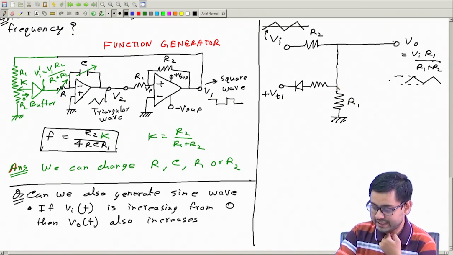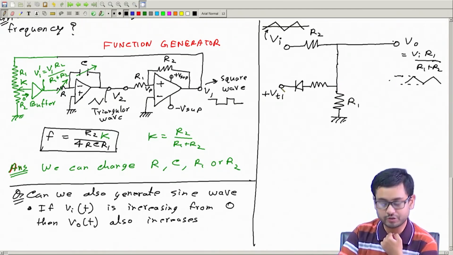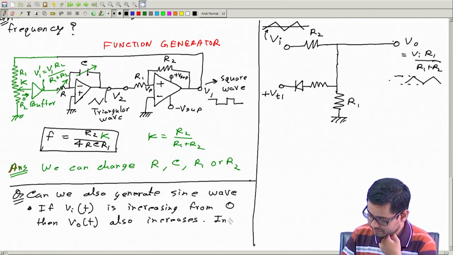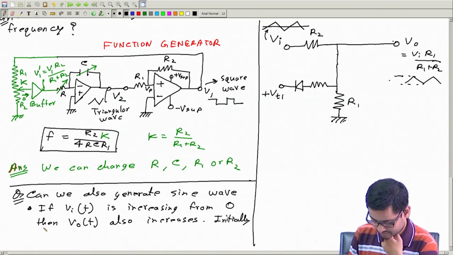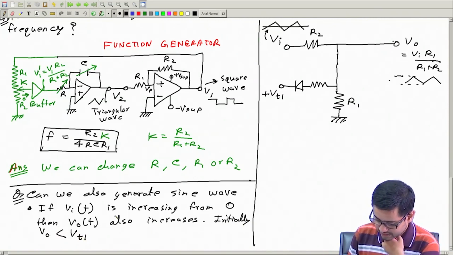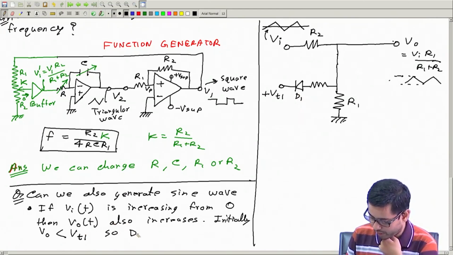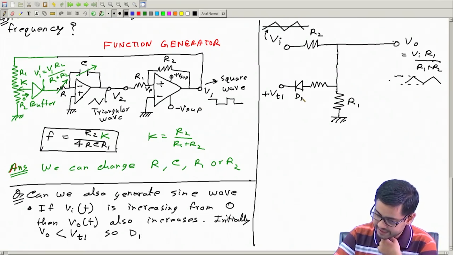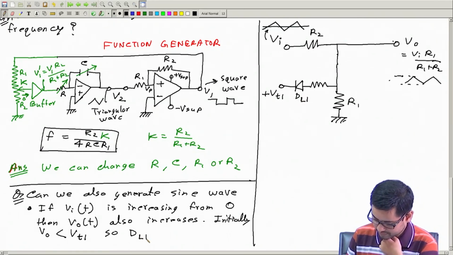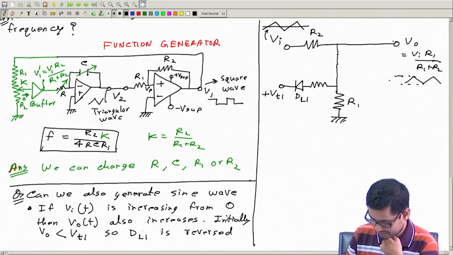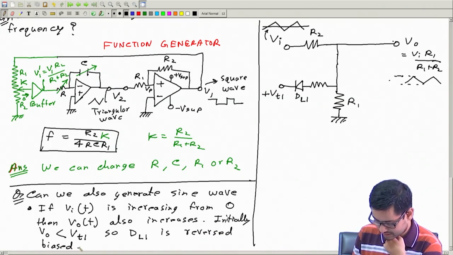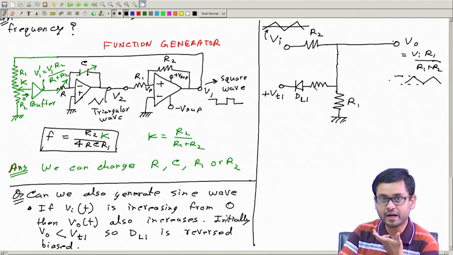So, initially this is at 0 voltage and this is at a positive voltage. So, this diode is reverse biased. So, initially Vo is less than VT1. So, call this D1, or call this DL1. So, DL1 is reverse biased, so effectively this part is not connected.